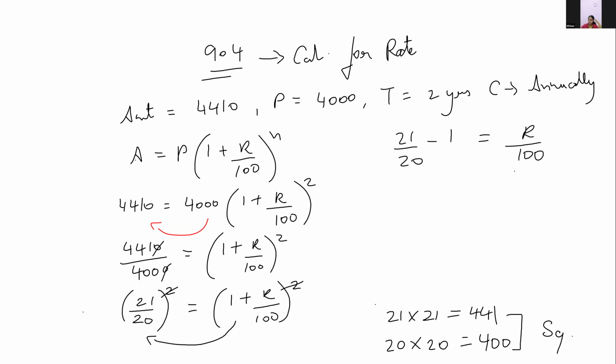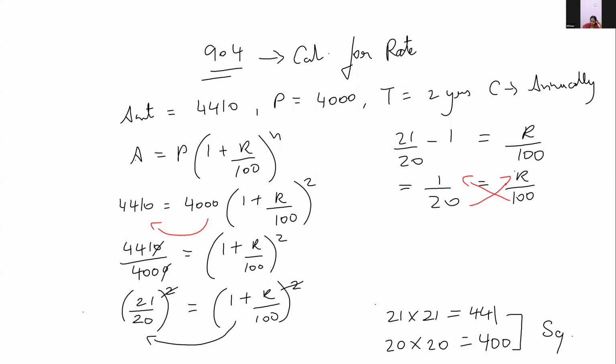Okay, so 21 by 20 minus 1, you take LCM and subtract. You will get 1 by 20 equals R by 100. Now what you can do, cross multiply 20 and R, and 100 and 1.